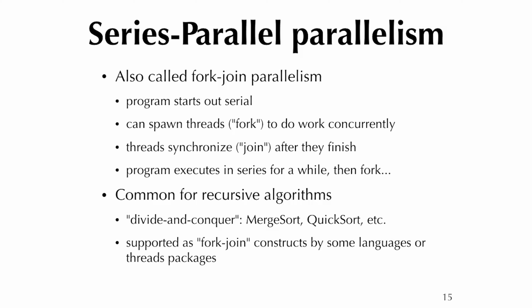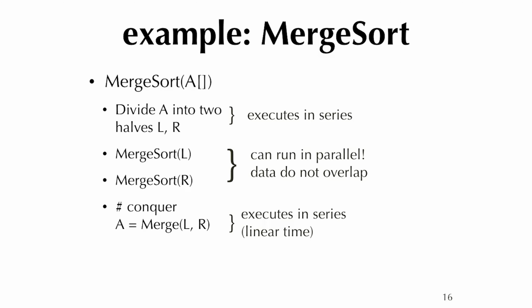I give you the source code, you can try it, and support it with a fork join construct in some language or threads package. For merge sort, you divide into two halves, left and right, and then recursively call on these. Left and right can run in parallel, but they have to synchronize before you can do the merge. And that synchronization is what's somewhat costly.